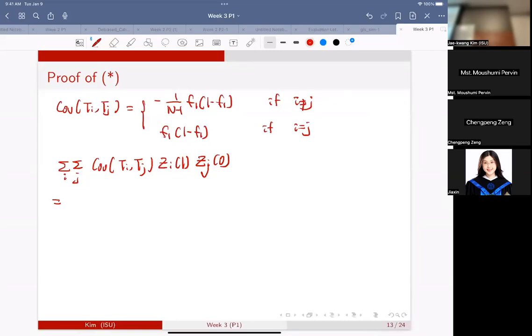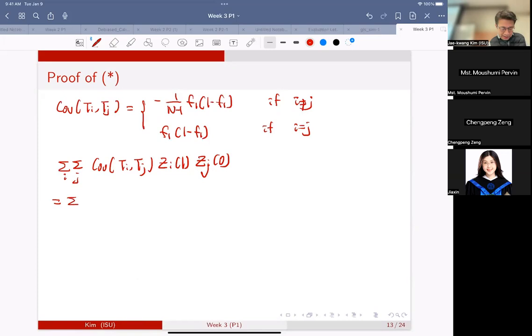What should we do? Well, probably we need to first decompose the double summation into two parts, right? When i is equal to j and when i is not equal to j.